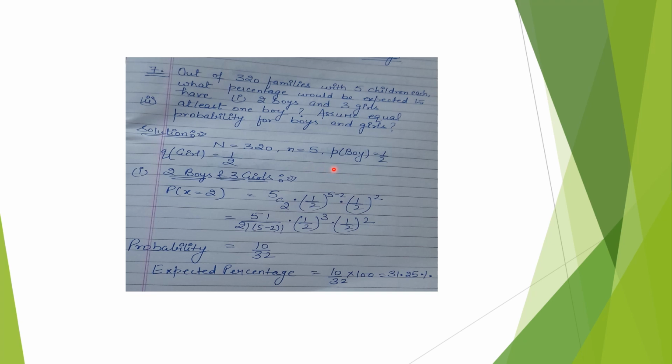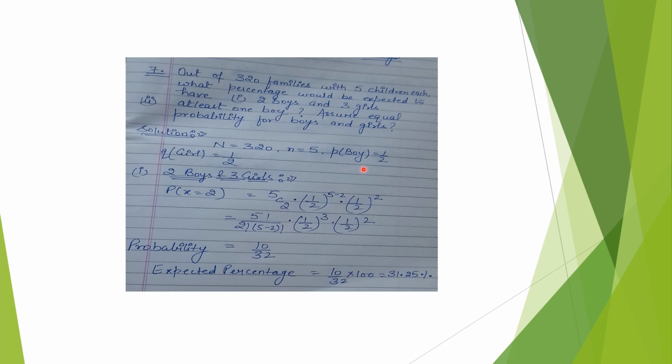Now moving towards our assumption of probability of success and probability of failure, or you can say probability of happening of an event and probability of non-happening of an event. In this we are taking the birth of a boy as the probability of success, and we clearly know that the chances of birth of a boy or girl are equally probable.